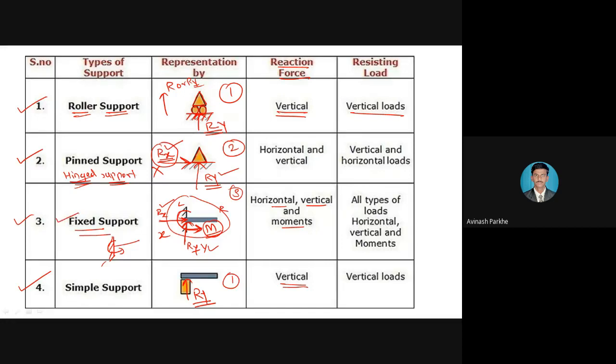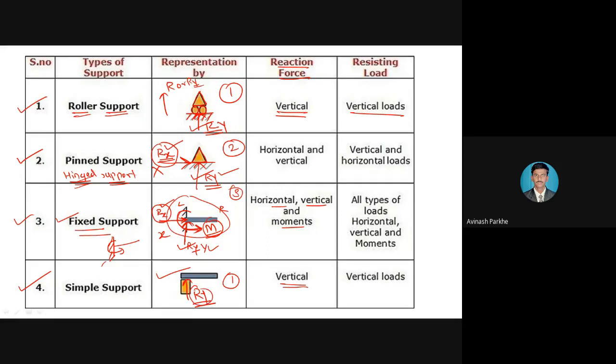Similarly, in case of a fixed support, again Rx is there. Rx means horizontal reaction, but in case of shear force calculation and bending moment calculation, the horizontal reactions or horizontal forces will not be considered. Only we are considering Ry for the roller support, Ry for the pinned support, Ry for the fixed support along with this moment, and in case of a simple support also again Ry is there.